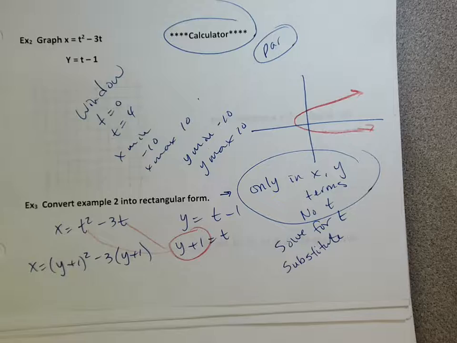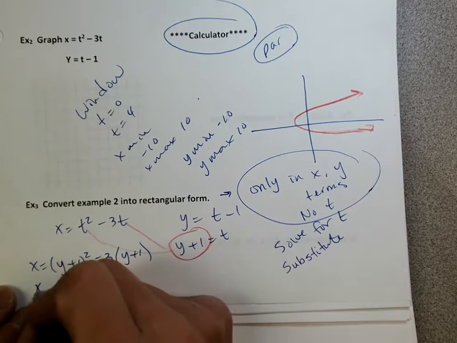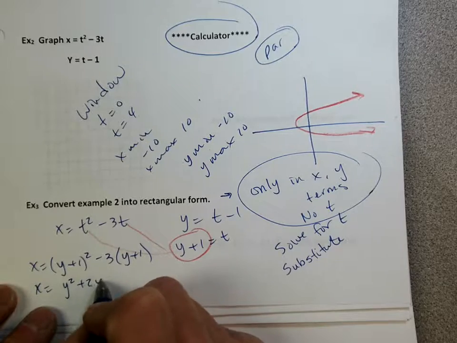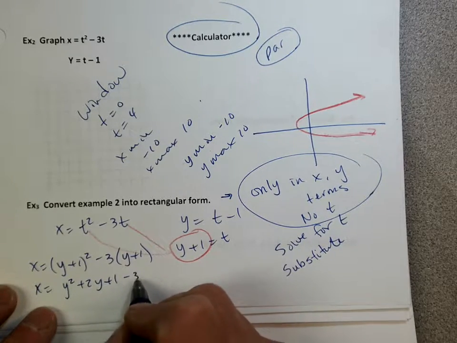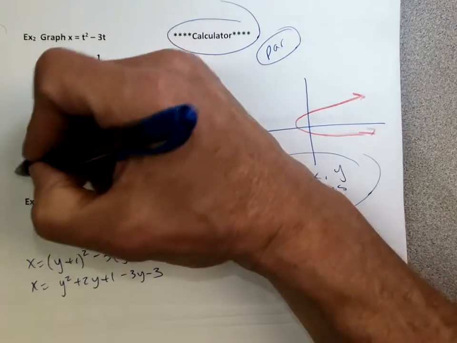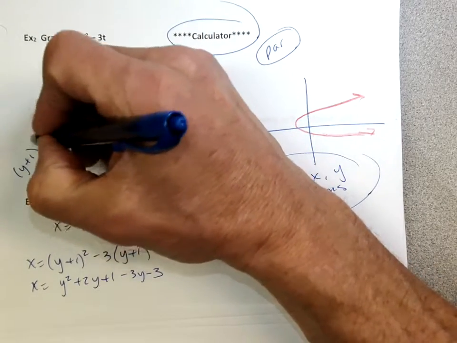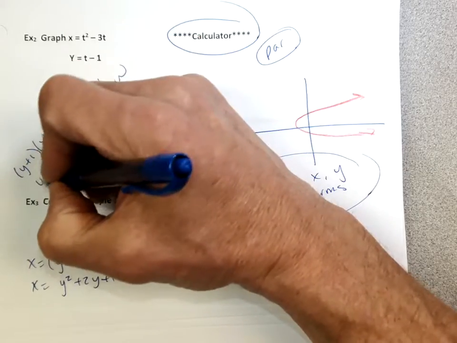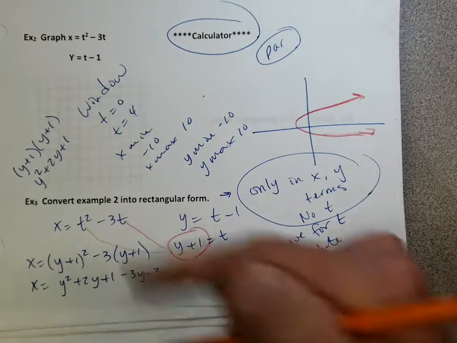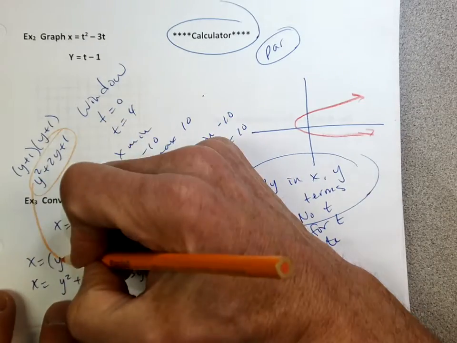No t's, right? So if I simplify this a little bit, I'd have x equals, let's see if I FOIL this, y squared plus 2y plus 1 minus 3y minus 3, okay? I just did a little FOIL in my head. I knew that y plus 1 times y plus 1 is y squared plus 2y plus 1.